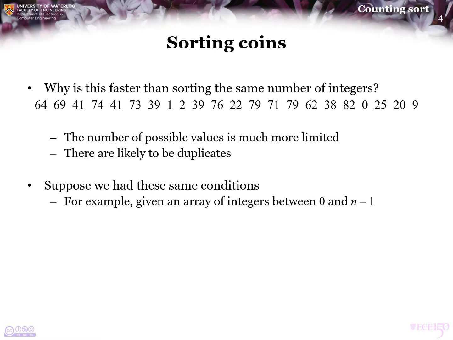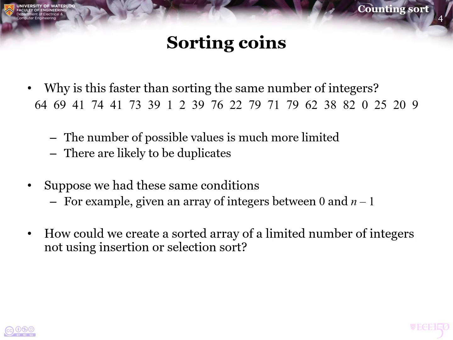That is, we have an array of integers, but the values in that array are restricted to values between 0 and n-1. How could we create a sorted array given the fact that we have a limited number of integers that we are sorting, and we do not want to use insertion or selection sort?